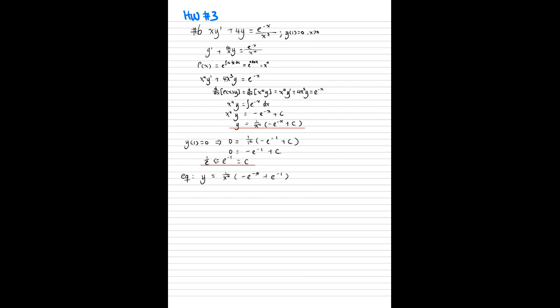So rho x times y, which is x to the fourth times y, equals the integral of e to the negative x dx. Then I integrate, so it is equal to negative e to the negative x plus c.